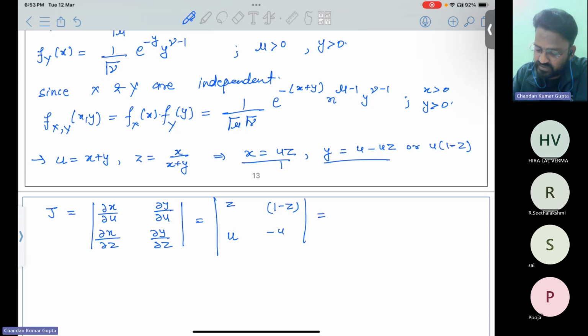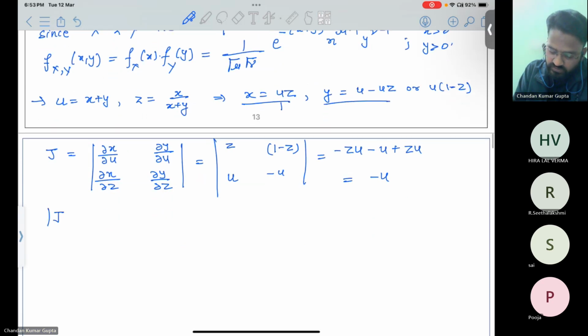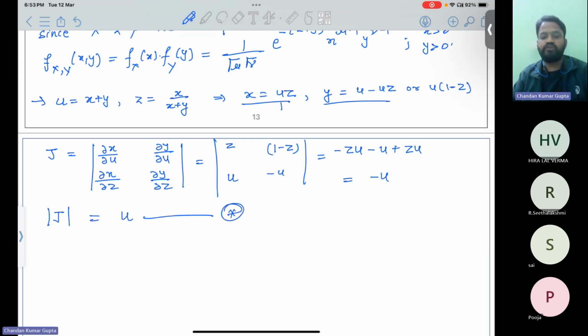From here, it is minus zu minus u plus zu, which is equal to minus u. We consider the modulus value, which is u. So our Jacobian is equal to u.